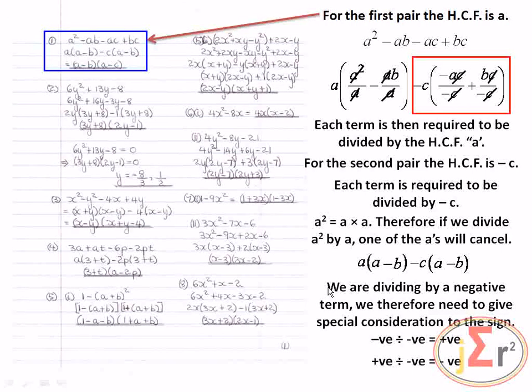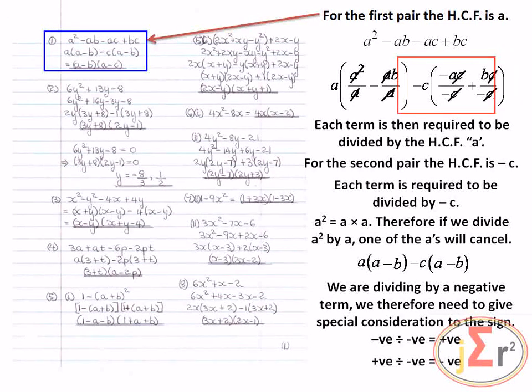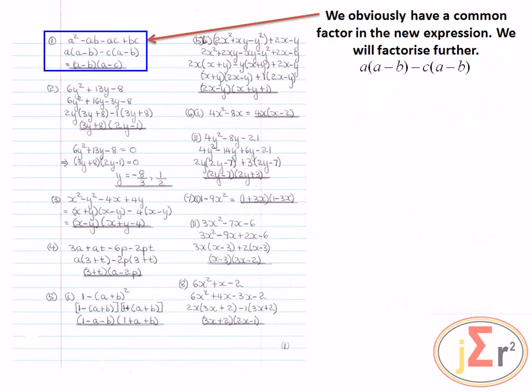And as I said before, the expressions in the examination that contain 4 terms are specially designed to be factorized by grouping. Therefore, with that special design, we expect that further factorization should be possible. We obviously have a common factor in the new expression.